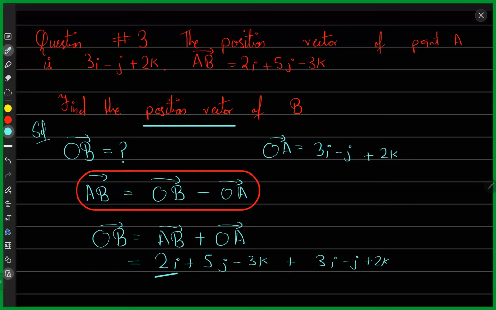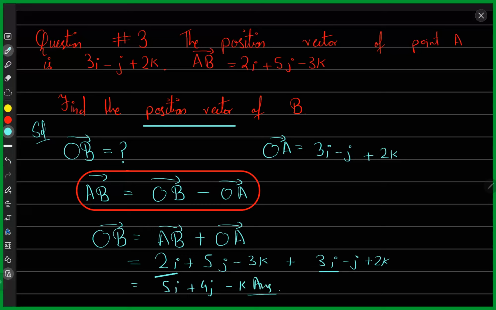So 2i and 3i would be added, and this would give you 5i plus 4j minus k.